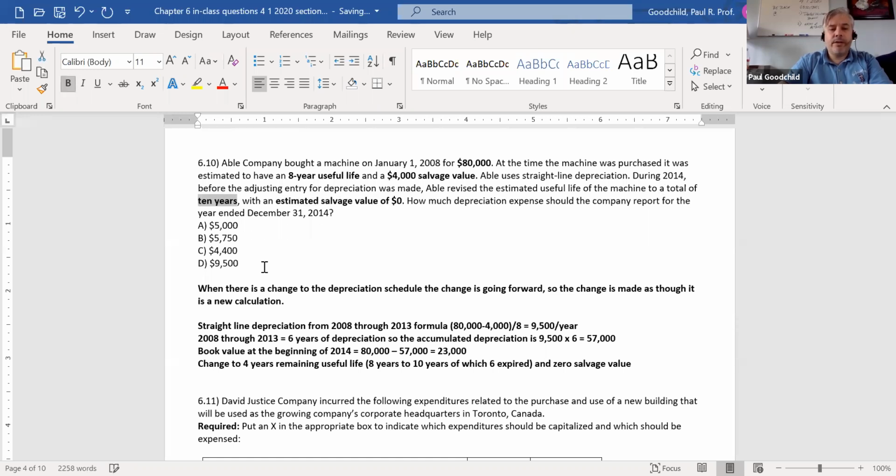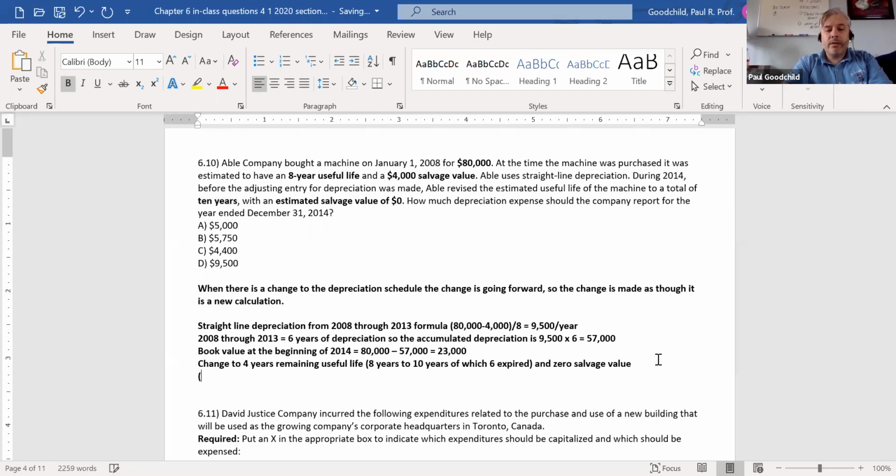So now we just create the new formula, 23,000 minus 0 divided by 4, equals depreciation of 5,750 per year.